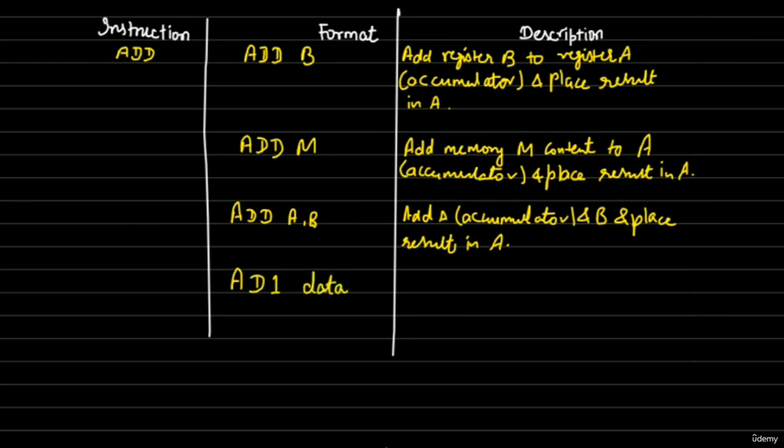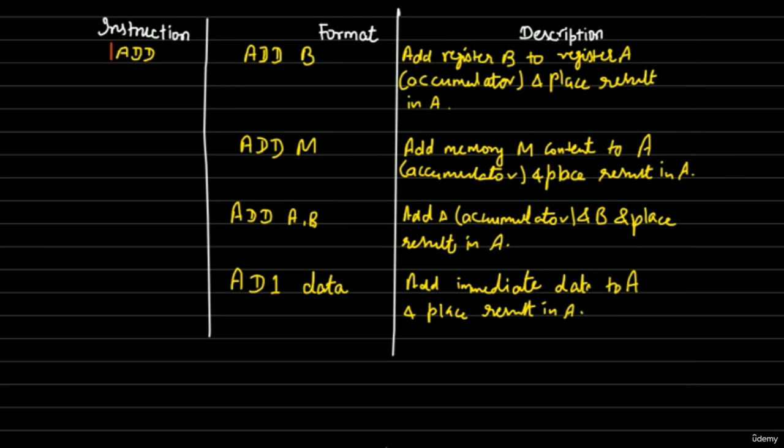It means add immediate data to A, which is our accumulator, and place the result in A. So it's about the immediate. So what do you have to take?